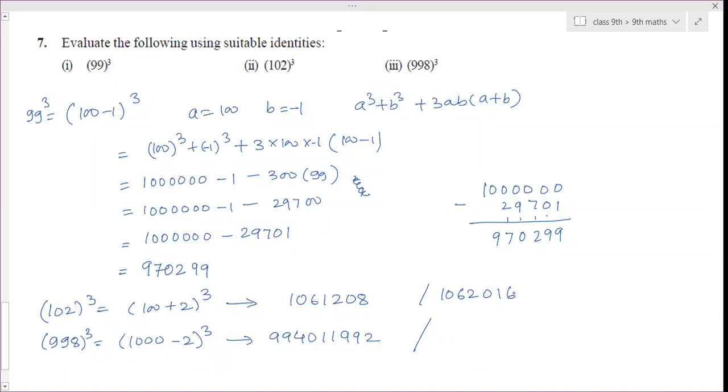No, it is wrong, because there is 2 cube at the end. 2 cube should come as 8. This is not possible. It is all addition, so check the addition properly.